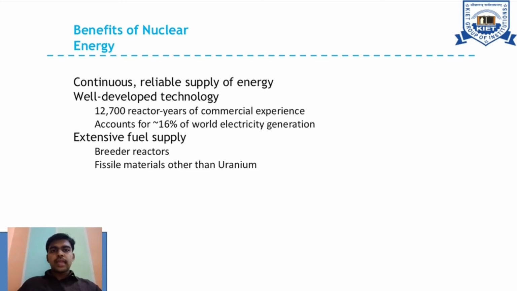In the extensive fuel supply, we consider two subcategories: breeder reactors and fissile material. Overall, while discussing the benefits of nuclear energy, continuous reliable supply of energy is needed in terms of well developed technologies, and extensive fuel supply is going to happen too. So breeder reactors and fissile materials other than uranium, everything we consider in these nuclear energy aspects.